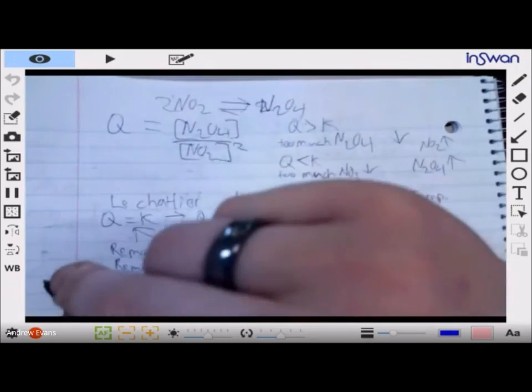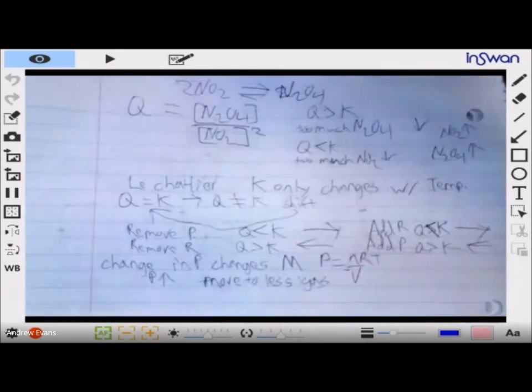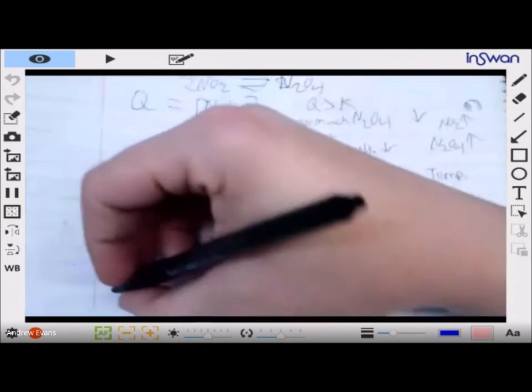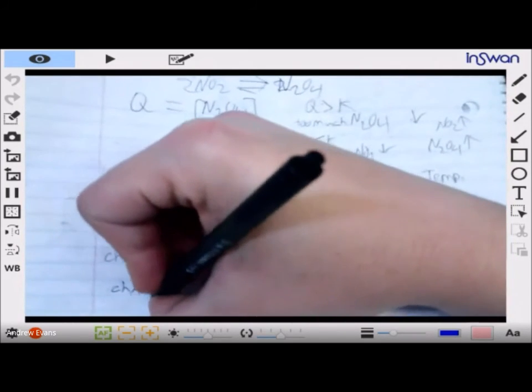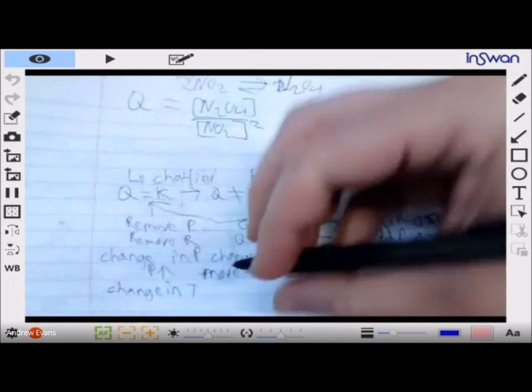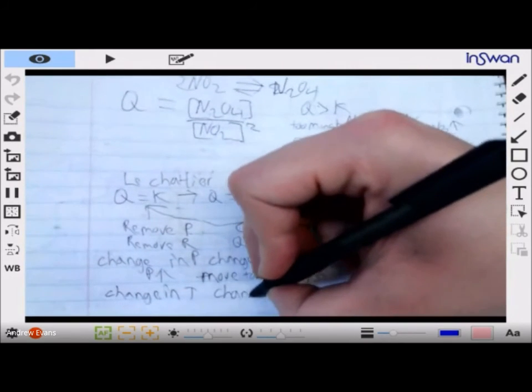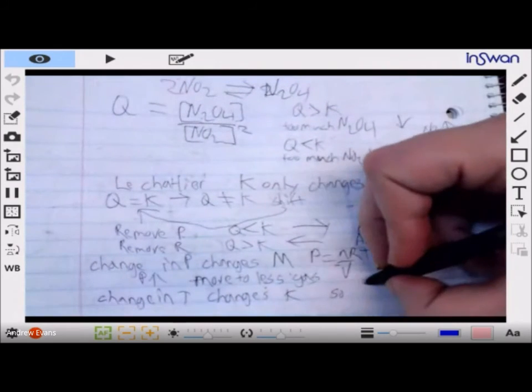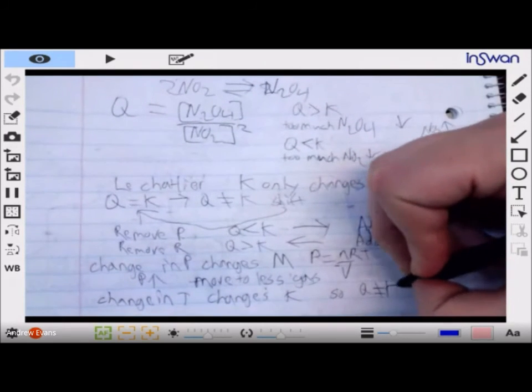The only way to change our K is to change the temperature. Change in temperature changes K, so Q no longer equals K, and it has to shift.